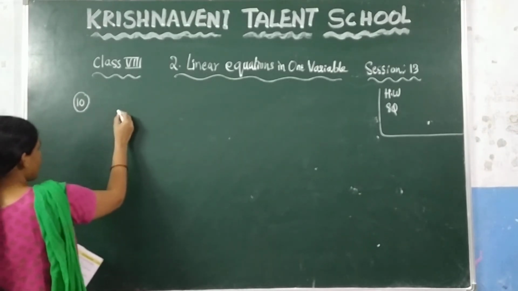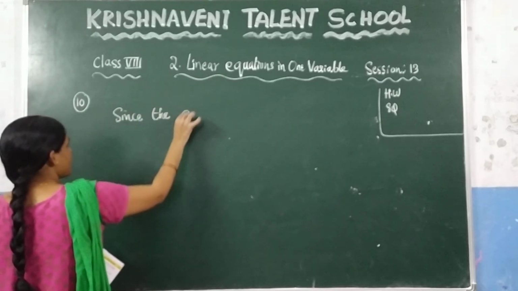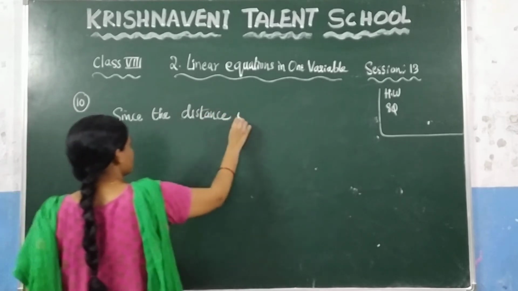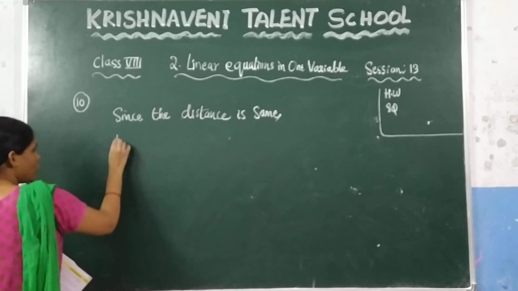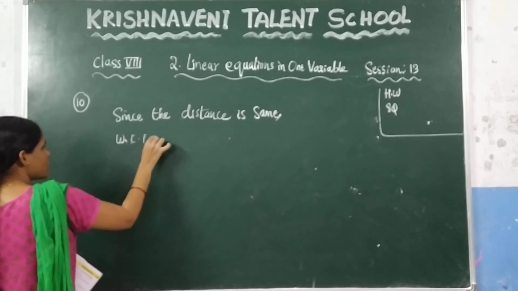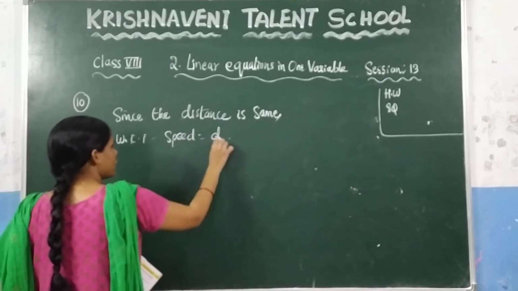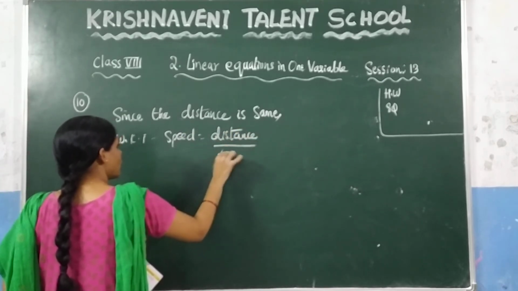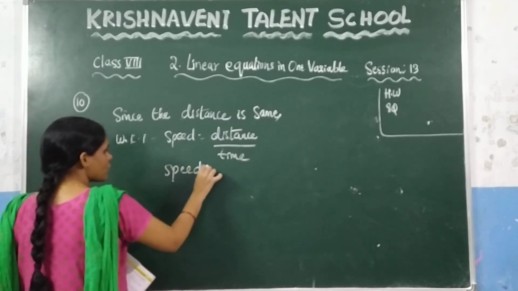I am writing directly since the distance is the same. We know that speed is equal to distance by time, right? So here you will get speed into time, which gives you the distance.